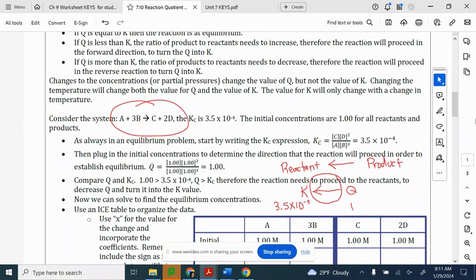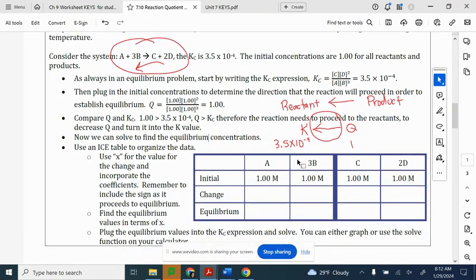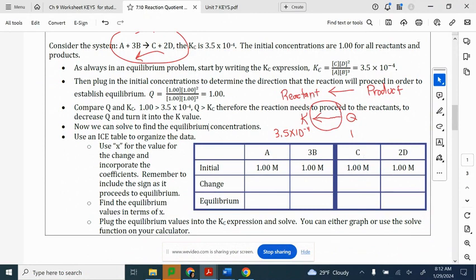So the reaction is going to run this way to establish equilibrium and get it back there. So when we are doing our math down here, we are going to add X here. We are going to add 3X here. We're going to subtract from here and here.